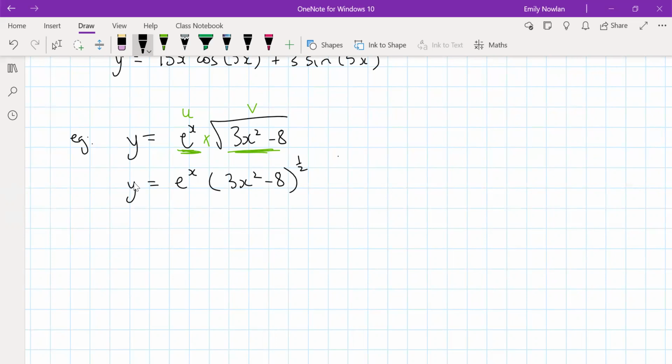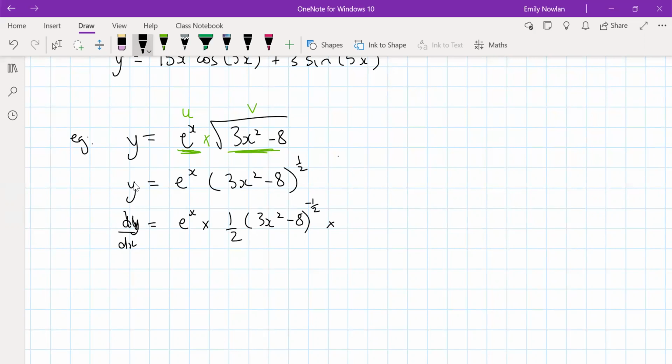Now I'm in the position to do dy dx. And I've still got my u and my v, the first bit and the second bit. So u is e to the x multiplied by the derivative of v, v dash. So I bring my half down, write what's inside the brackets, reduce my power by 1, so a half goes to minus a half, multiplied by the derivative of what's inside.